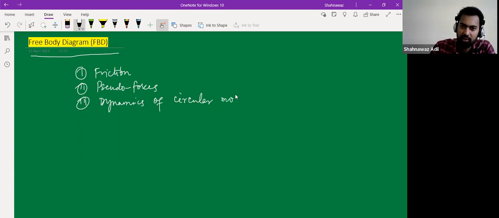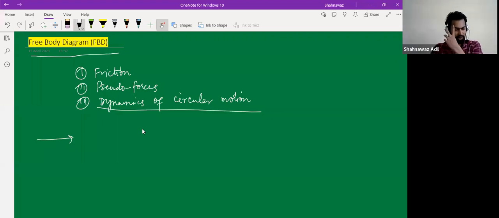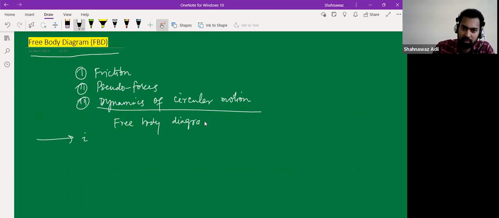Right. And as I have discussed earlier, in free body diagram, you need to show free body diagram. Right. So first what you do is that you dissect all the other blocks.